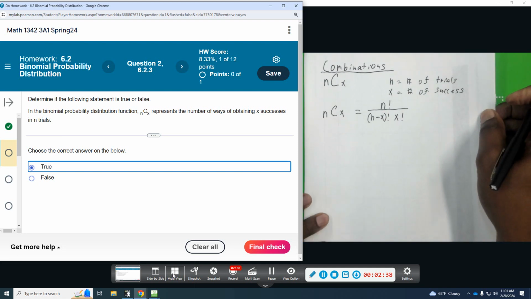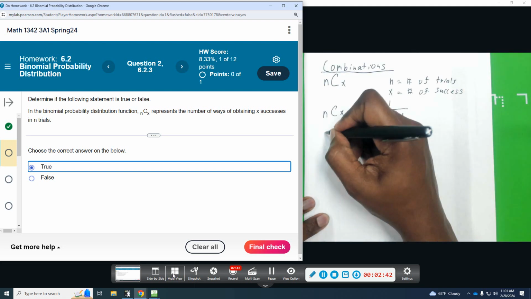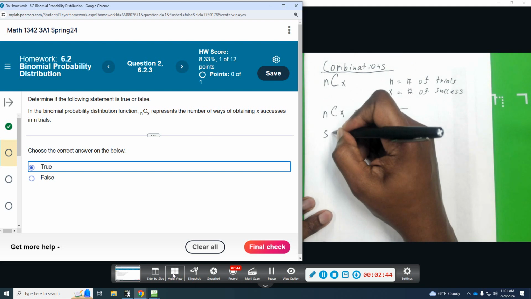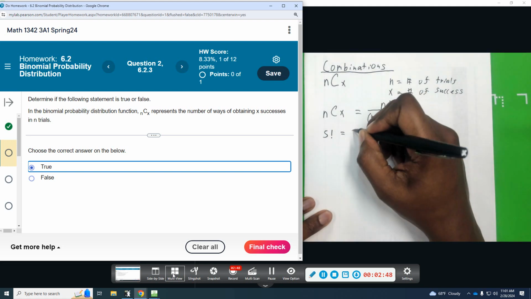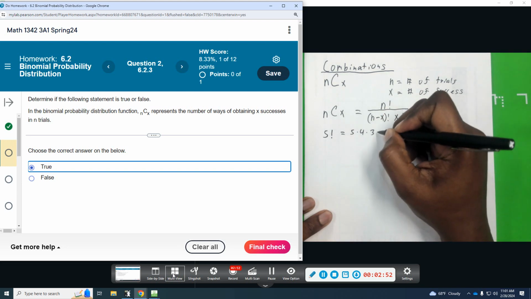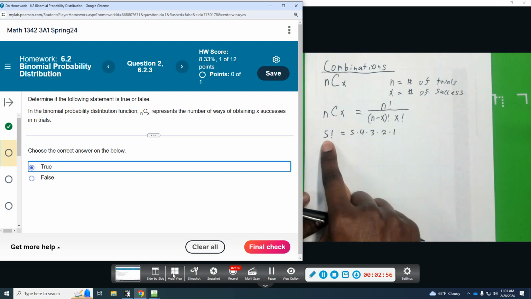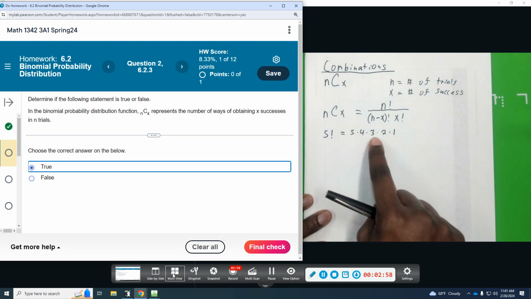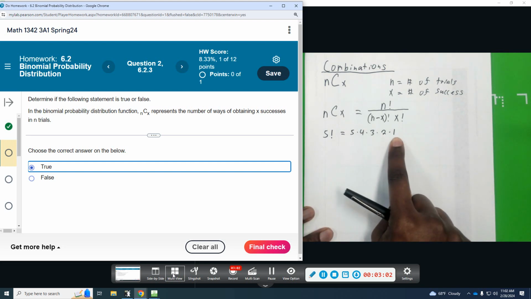So if you've never seen factorial, the exclamation point in math, let me show you what that means. If I had any number, let's just say 5, and I was doing 5 factorial, that means 5 times 4 times 3 times 2 times 1. So whatever number you start with, you multiply each successive number going down one at a time until you get to 1.